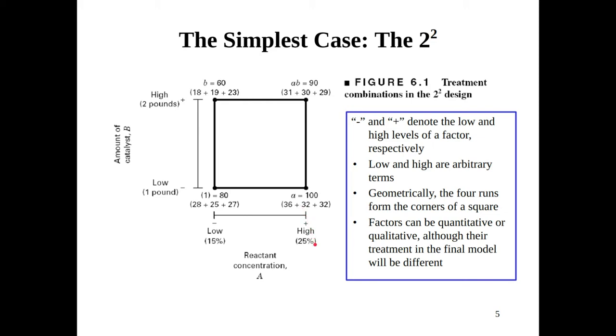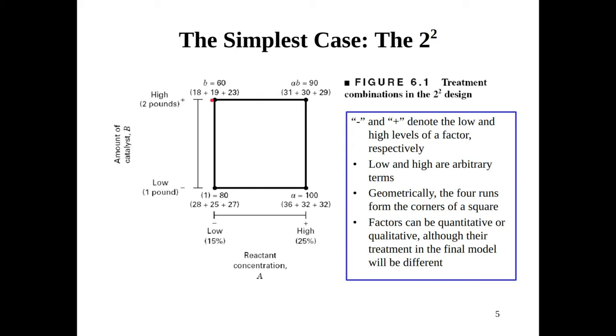So at this combination, here in this corner, factor A is at high level, so we use the lowercase letter a, and factor B is at low level, so there is no letter for B. So that label, lowercase a, indicates factor A high, factor B low. Here both factors are at high, so ab.